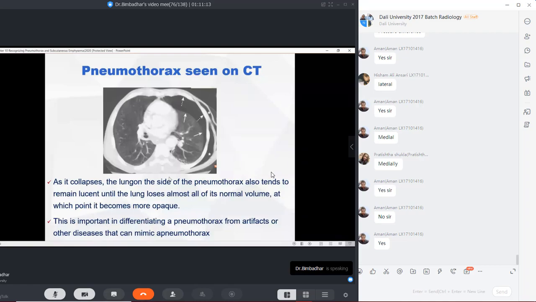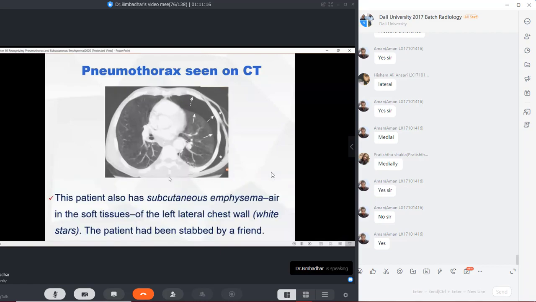So you can also see here in this patient, what is the muscle here? Okay, this is the subcutaneous area. This is around the place of serratus anterior and teres major and teres minor, right? So in these areas, along outside the thoracic cavity, there is also some air, which is called subcutaneous emphysema.